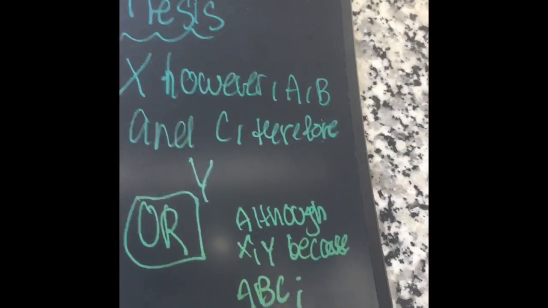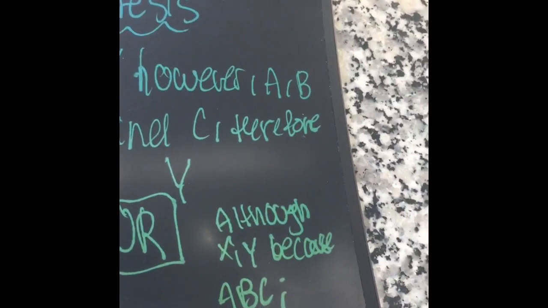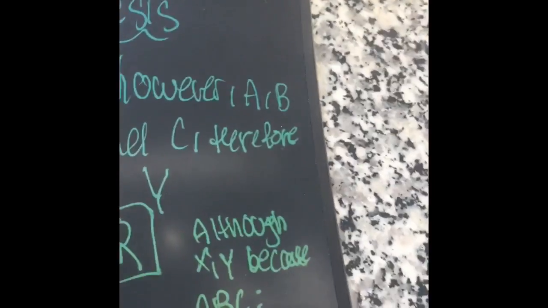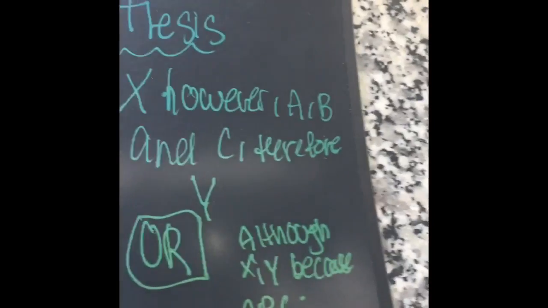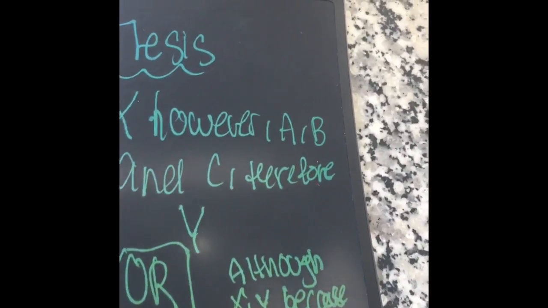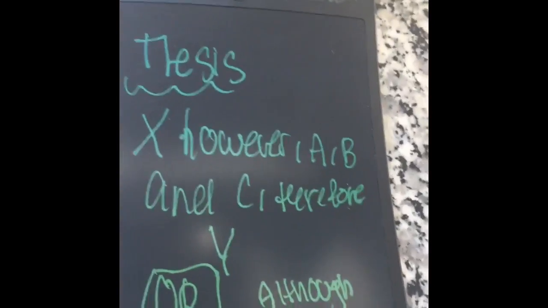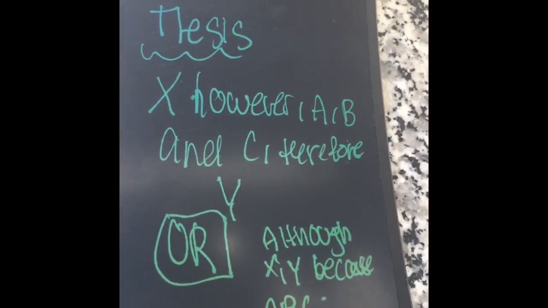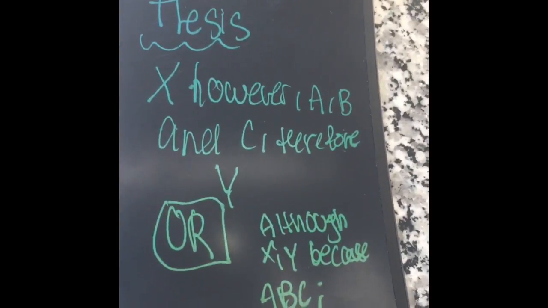The X is the counter, so parents get nervous. The A, B, and C are reasons, so independence, responsibility, and fun. And the Y is what you're trying to prove, so getting a driver's license greatly changes the life of a teenager.